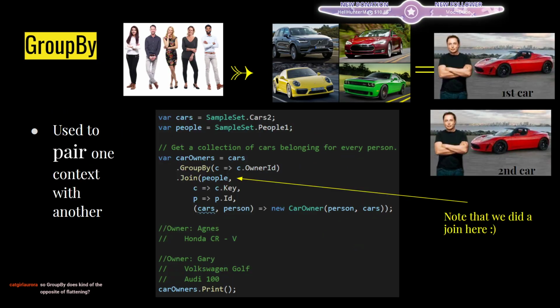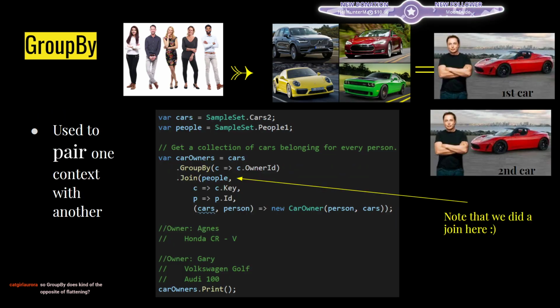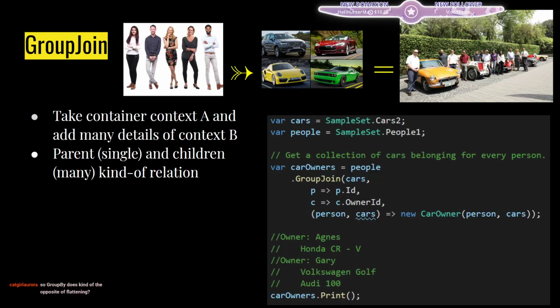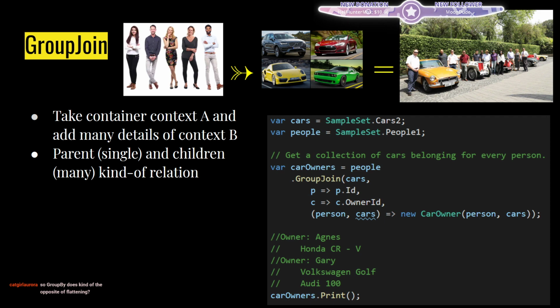And look at the difference here. There is a group join method, and here we did group by and then we joined. But since that is a common case, we can simply group join right away. It's very literal as it does both things. It basically means that to people, we join cars. So now every person will have cars linked to them. Not one car to one person, but many cars to one person and to many people like that.